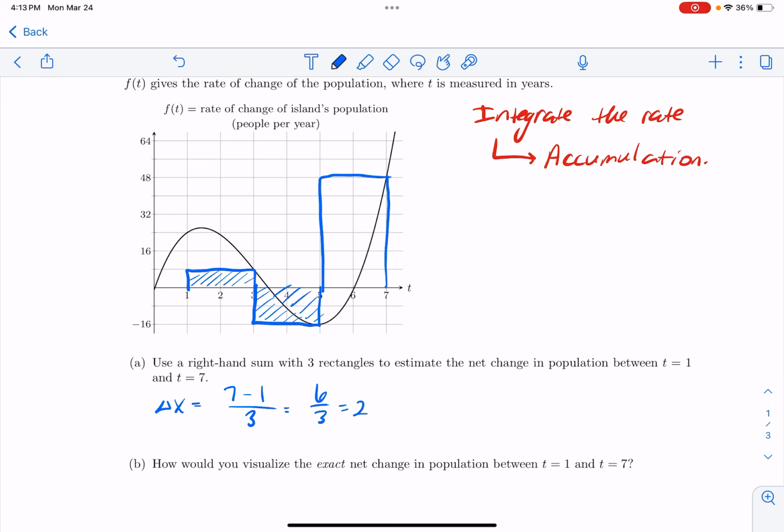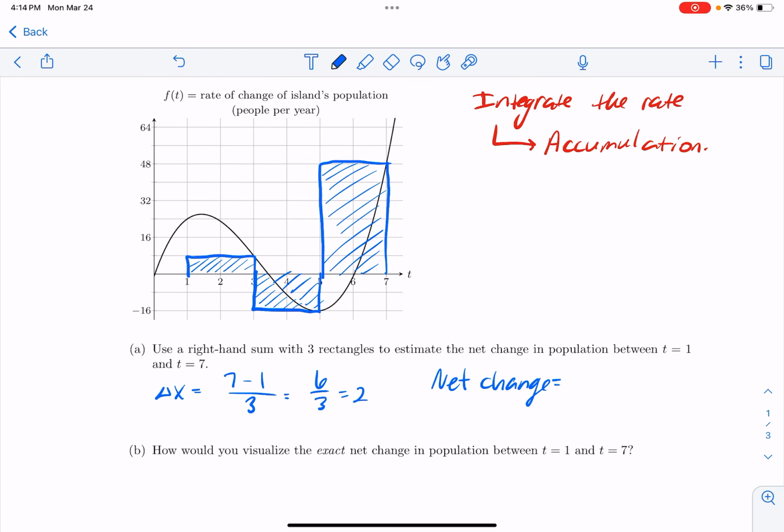And what we're finding is all of this area right here. So that area is going to estimate the area under the curve. Obviously, it's not going to be super accurate, but it gets more accurate as we have narrower and narrower rectangles. But just as a reminder, we're finding the net change in the population.